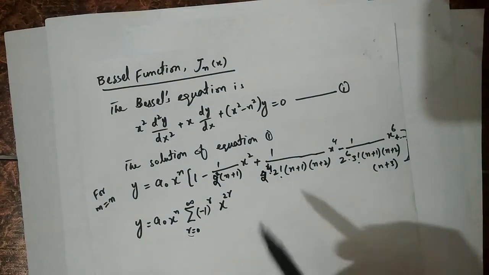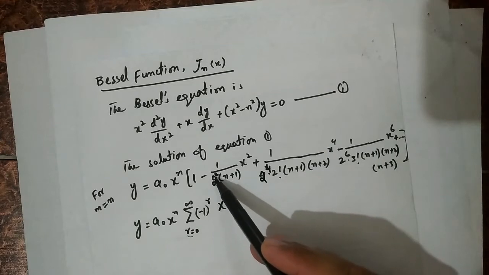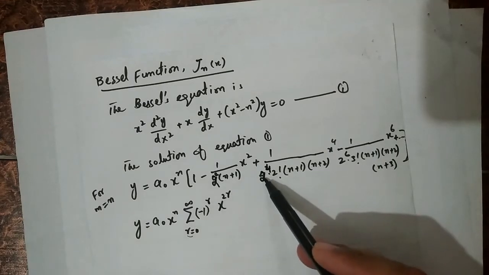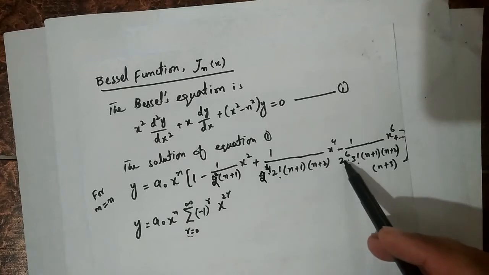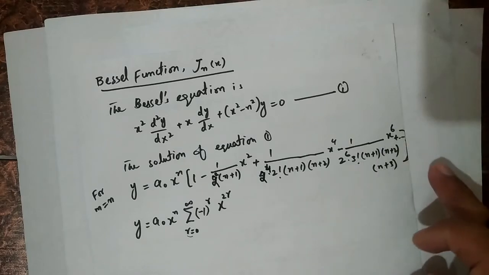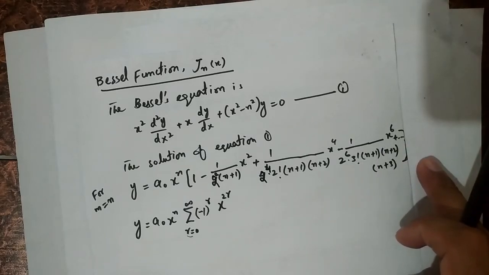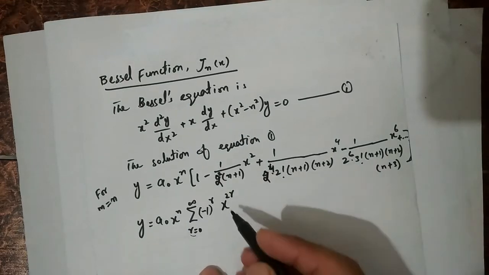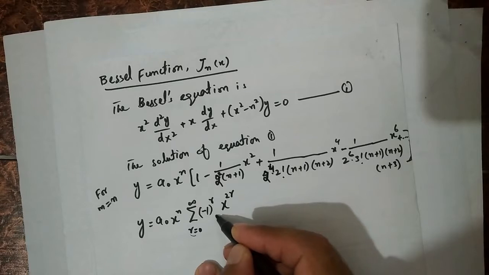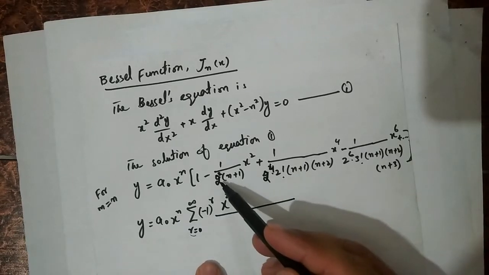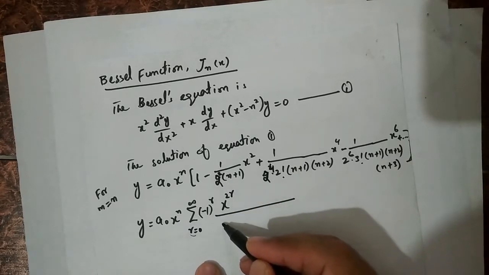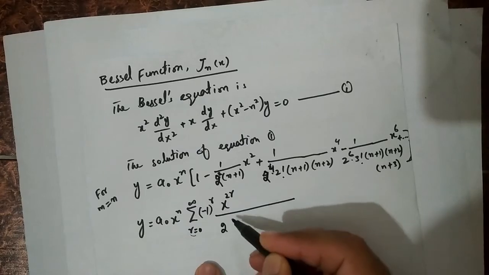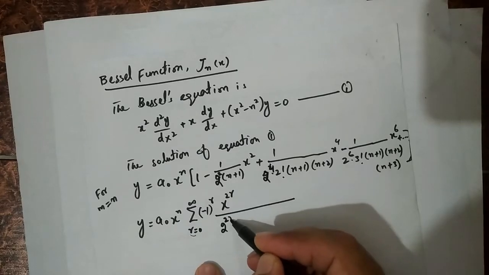Clear? So if you see here we have 2 square, then in the next term we have 2 to the power 4, and in the next term we have 2 to the power 6, and in the next term we will have 2 to the power 8, and so on. Clear? So for the 2 square, if we write it as 2 to the power 2r. Clear?